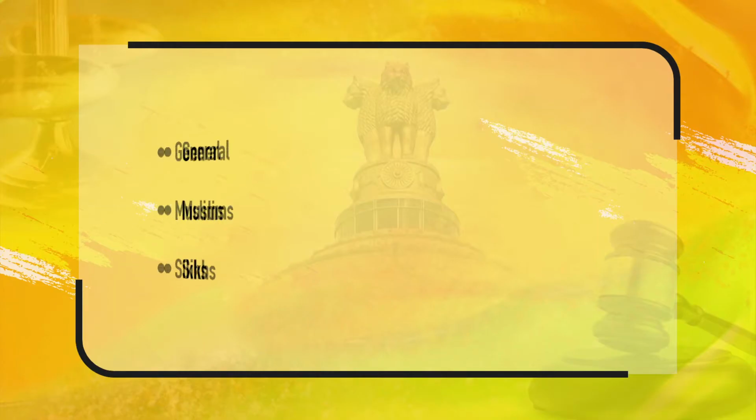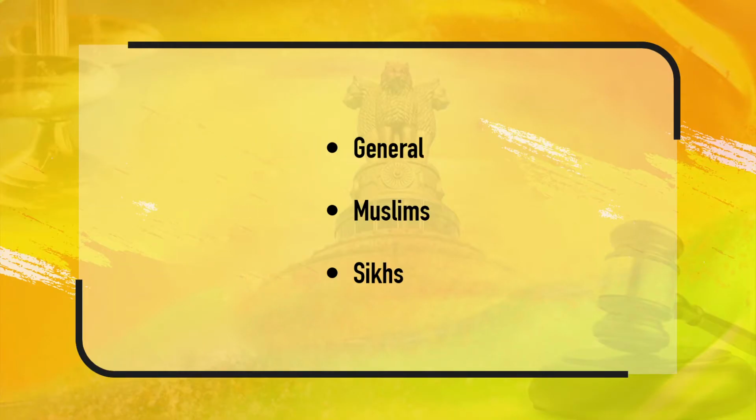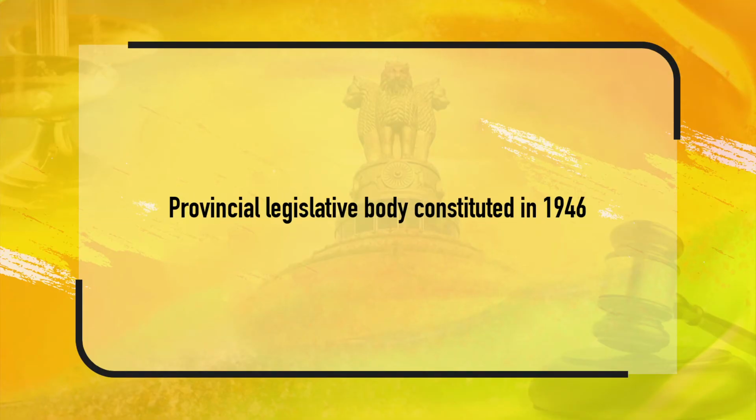The seats in each province were divided into 3 main communities: General, Muslims and Sikhs. No fresh elections were to be held, but the members of the Constituent Assembly were to be elected by the provincial legislative bodies constituted in 1946 on the basis of proportional representation with the single transferable vote system.